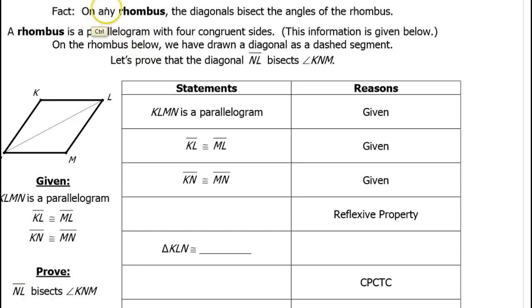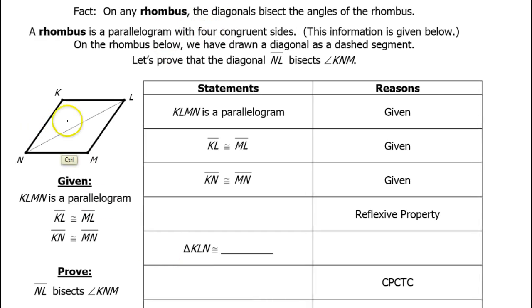Okay, fact, on any rhombus, by the way, a rhombus is a quadrilateral with 4 equal sides, like a square, but it doesn't have to have 90-degree angles. The diagonals bisect the angles of the rhombus. All right, so on a rhombus, a diagonal is going to be an angle bisector.